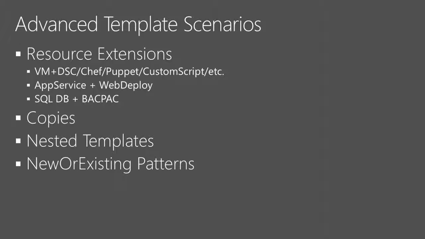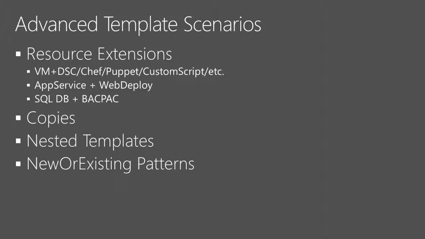Well, this looks like DSC, Chef, Puppet, custom script extensions, and so on and so forth. Many of you have already used these before with the classic compute model. So these function the same way that they always have, okay? For websites, or now app services, we have the web deploy resource extension format. And then for SQL DB, just as an example, we support bacpac for DML and DDL initialization, okay?